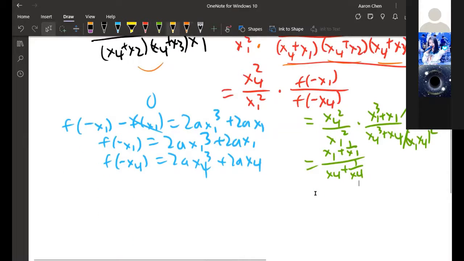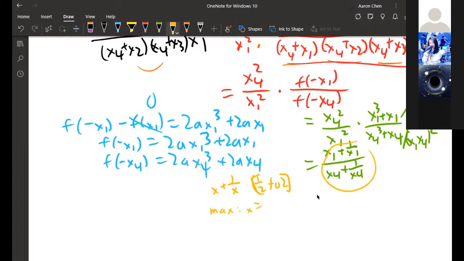And so the problem wants us to maximize this. And so to maximize a fraction like this, obviously the best way is just to maximize the numerator and minimize the denominator. And so the value of x plus 1 over x for numbers in the range of 1/2 to 2 inclusive, the maximum is when x is equal to 1/2 or 2.